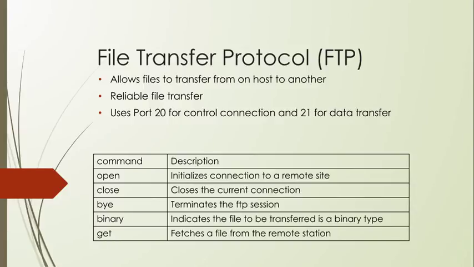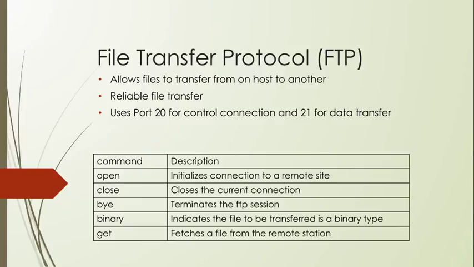Have you imagined sending, let's say, 1 gig of data from your computer to your friend's computer? You can send that by email, or maybe you can copy that to a USB, then send that USB to your friend so that he or she can copy the file to his or her computer. But one way is file transfer protocol. It allows sending big data from one computer to another computer.